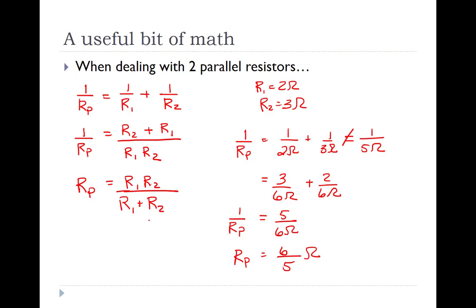I anticipate that many of you will get to this point and write down, instead of 1 over R parallel equals 5 over 6 ohms, you will forget to flip it and think that that's the answer. R parallel equals 5/6 ohms. So that is also wrong. Lots of wrong things there.